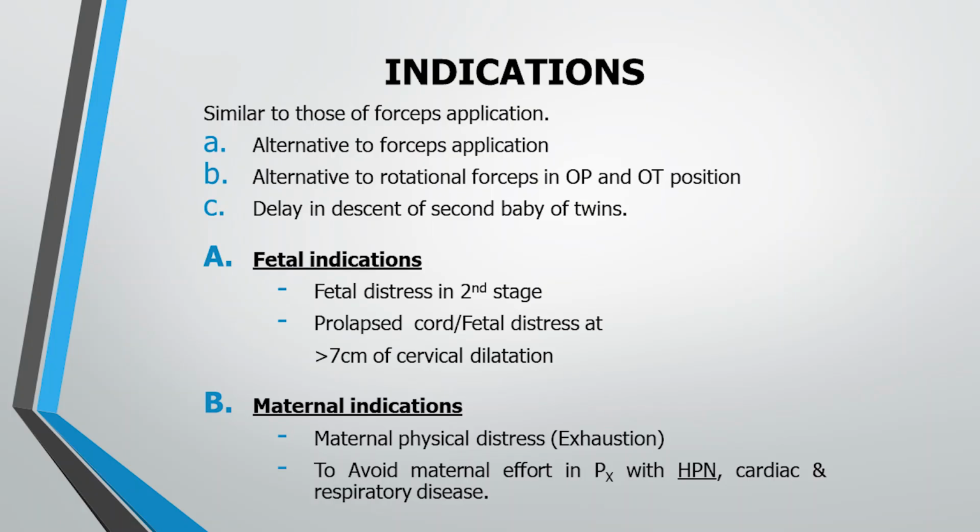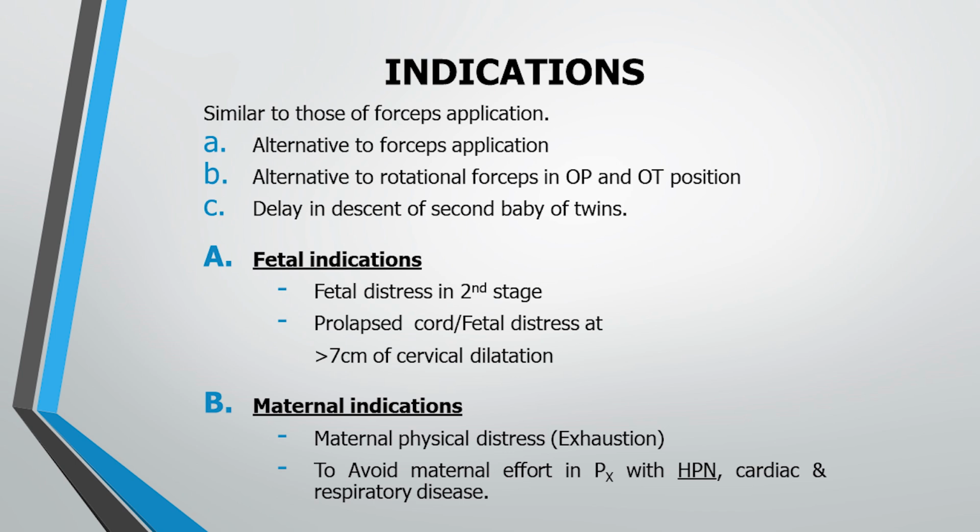What are the indications of this vacuum extractor? I said they are an alternative to forceps application, and they are used as an alternative to rotational forceps, particularly in occipito-posterior and occipito-transverse position. Delay in descent of the second baby of twins, sometimes, will be very useful when there is a delay and the head is presenting.